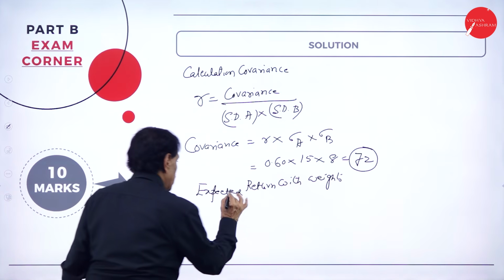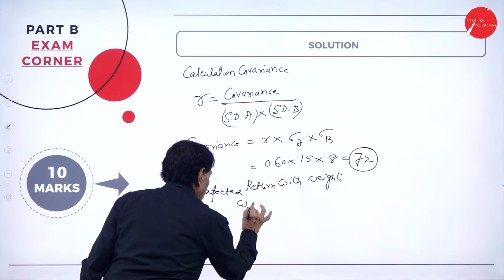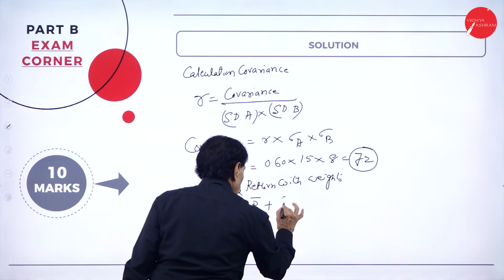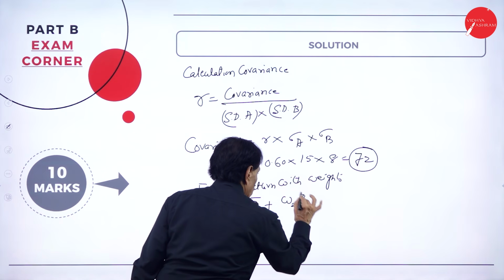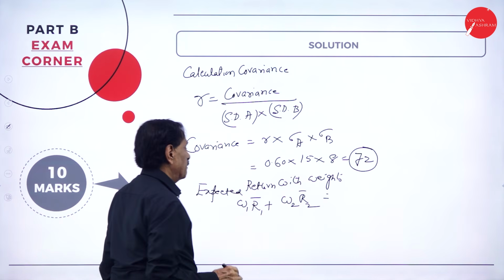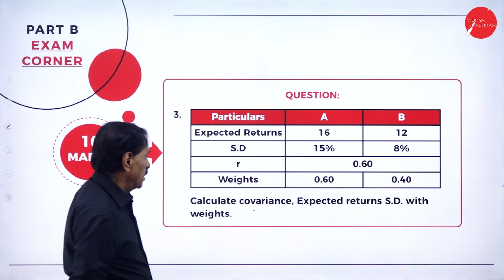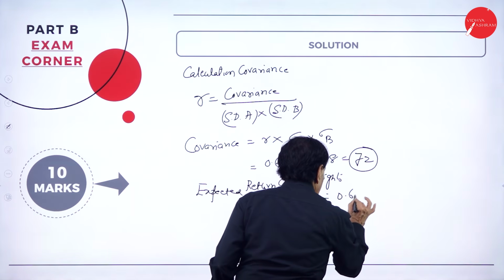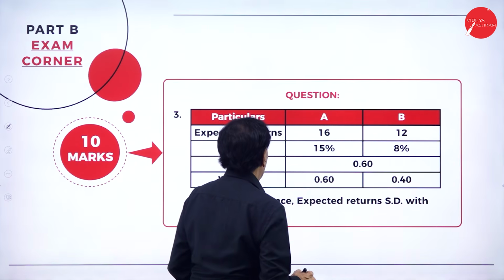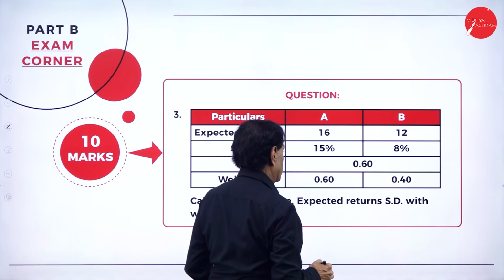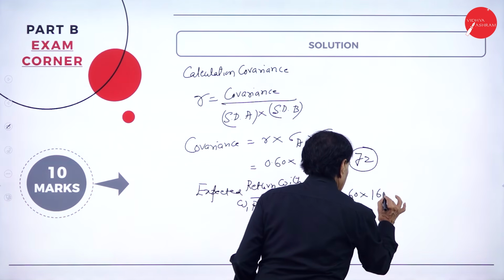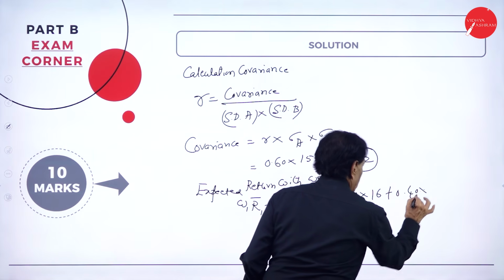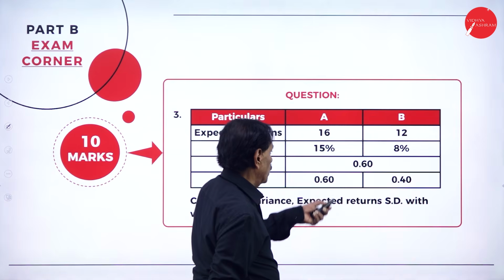Formula: W1 R mean 1 plus W2 R mean 2. What is the weight 1? 0.60 into R mean 1, expected return 16, plus 0.40. What is R mean 2? 12.